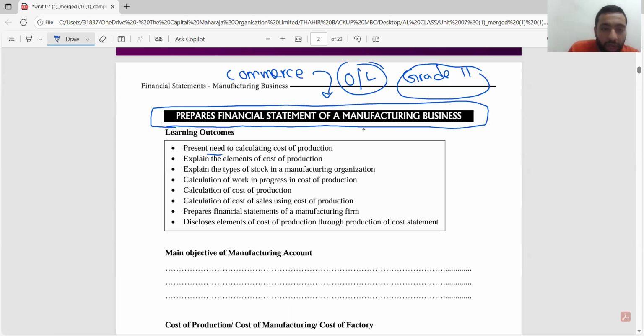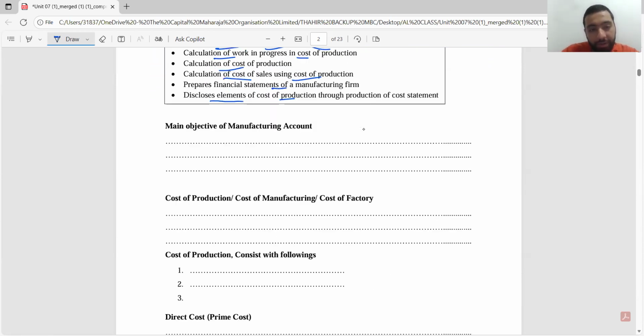You need to calculate cost of production, explain the elements of cost of production, explain the types of stock in a manufacturing organization, calculate WIP in cost of production, calculate cost of sales using the cost of production, prepare financial statements, and disclose elements of cost of production through the production cost statement.